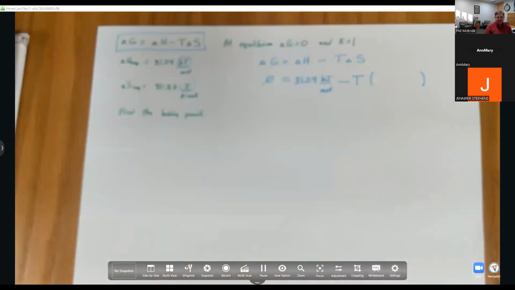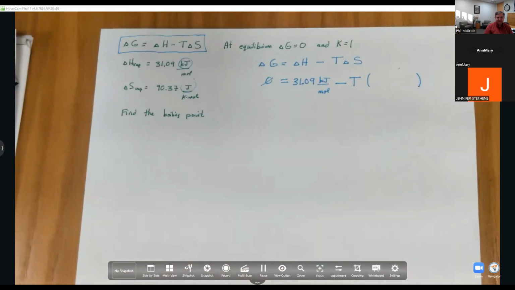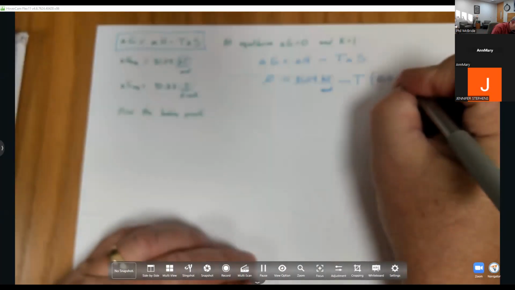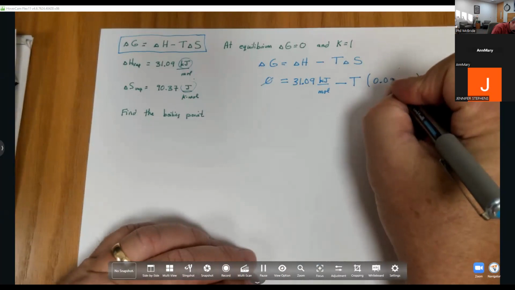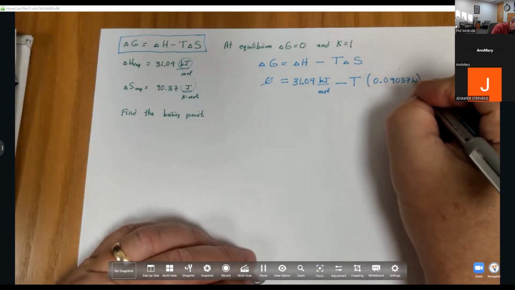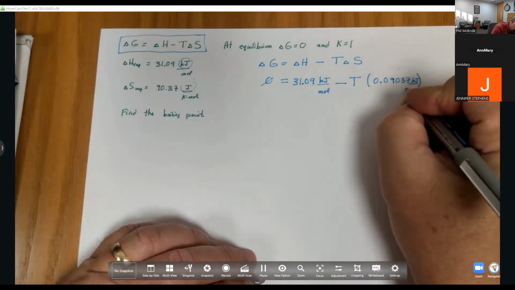So I need both of those to be the same units: 0.09037. That's what you have to be really careful with in all of these problems: make sure you change joules into kilojoules.